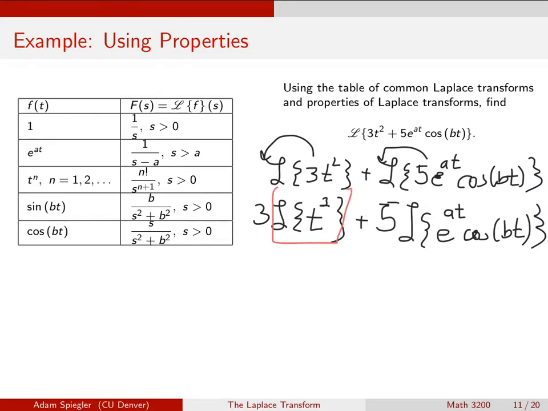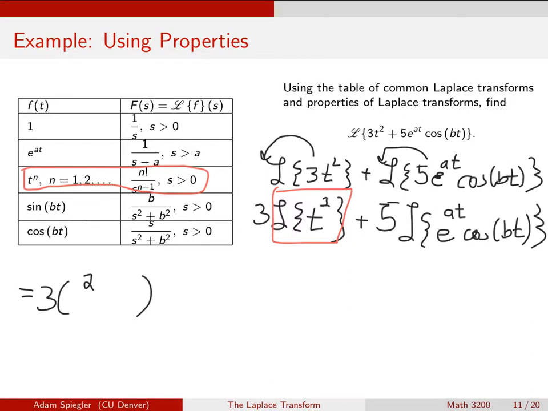So if I want to evaluate the Laplace transform of t squared, well, then it makes sense that we would want to use that power function shortcut. So that means what I'm going to get is 3, and now my value of n is 2 because I have t squared.